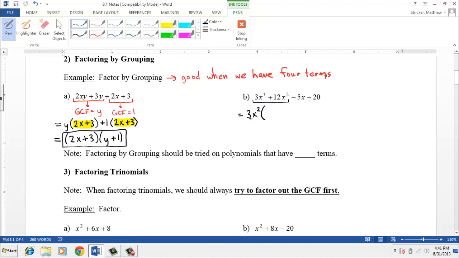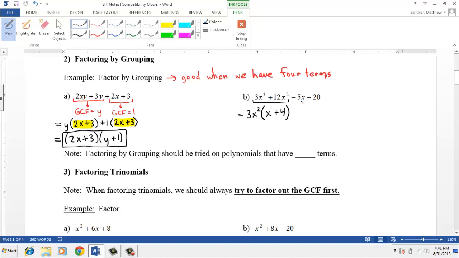If I wanted to multiply 3 by something to get 3, I don't really need anything, I just need a 1 there. But x squared needs to be multiplied by x to get x cubed. And then for the 12, we need to multiply 3 times a positive 4, and then we already have x squared. So for the first group, we have 3x squared times the quantity x plus 4.